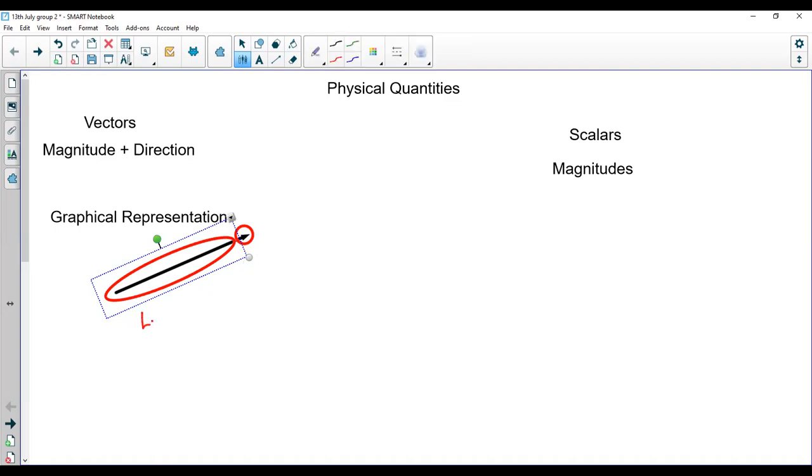So length, just a minute. Length is direction and the head, oh, I wrote it reversed. Length is magnitude and the head is the direction.